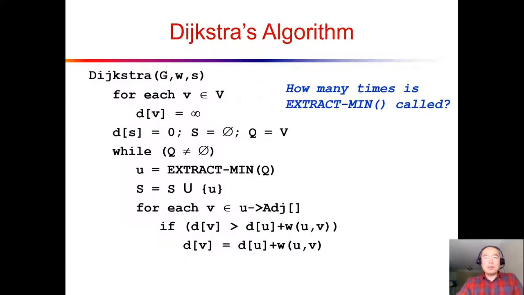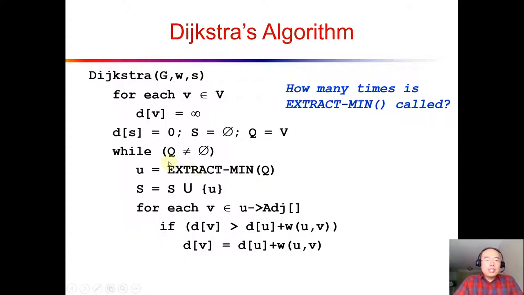So let me ask you this first. How many times is extract min called? Remember, originally we had all the four nodes in the queue, and when we extract the min, we take one out. The next time we extract min, we take another one out.